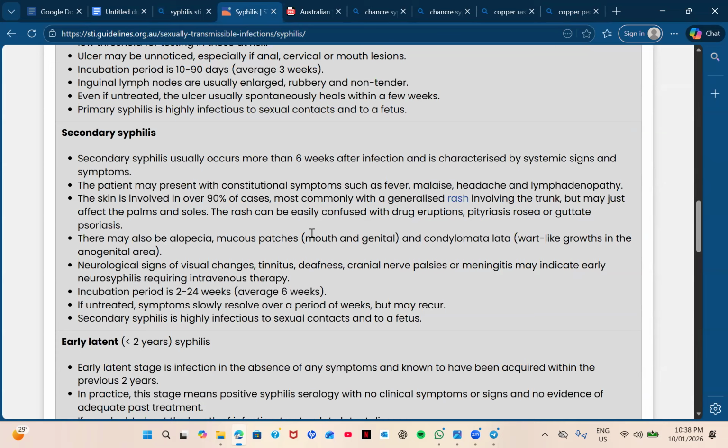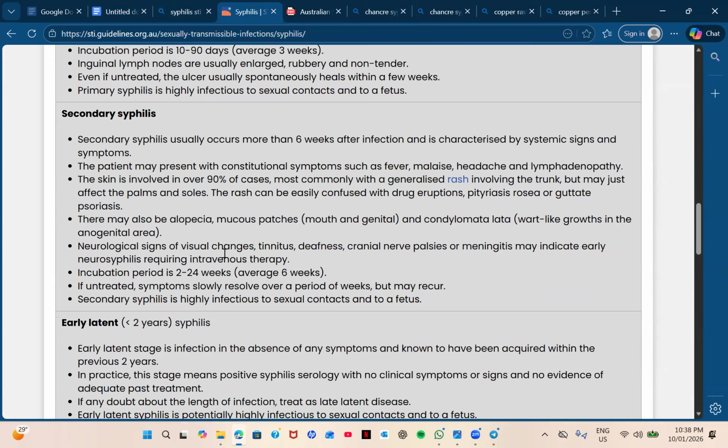The rash can be easily confused with drug eruption, pityriasis rosea, or guttate psoriasis. And there may also be alopecia, mucosal patches in the mouth and genitals, and condylomata lata. Do you remember this one? So, what can we see in HPV infection, what is the name of that?